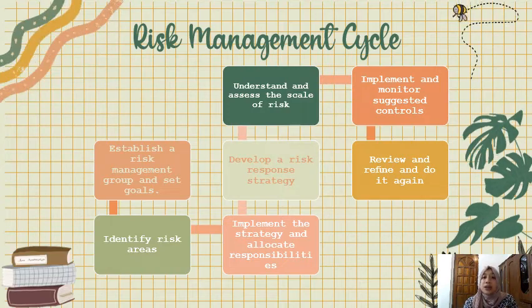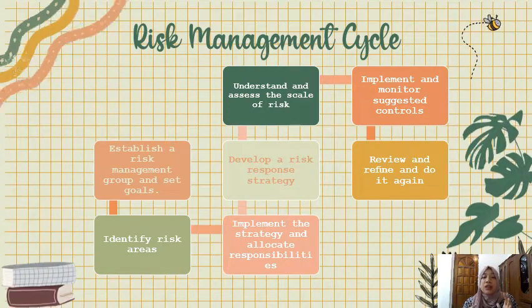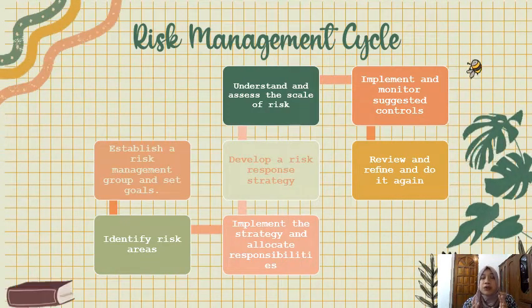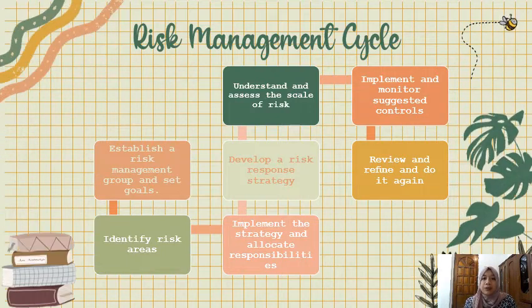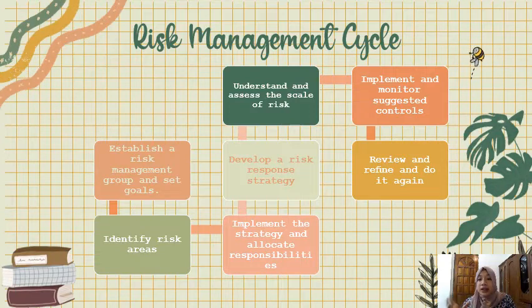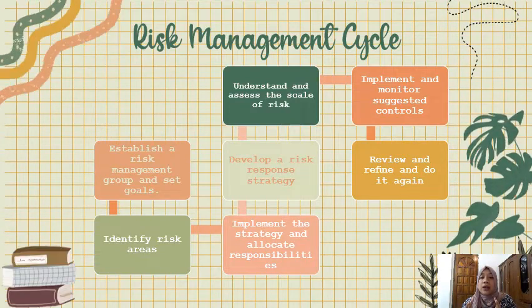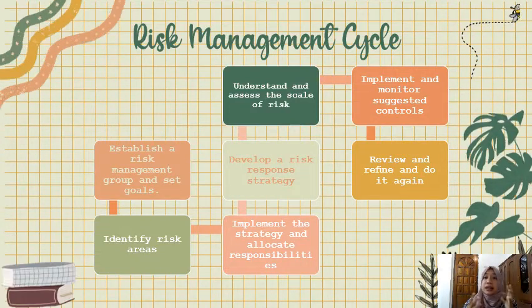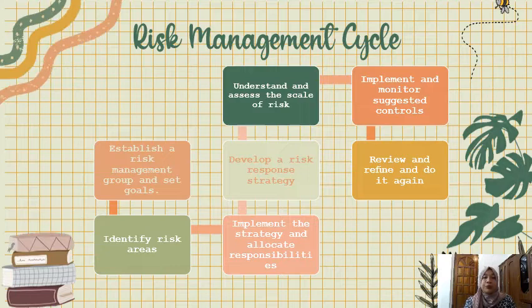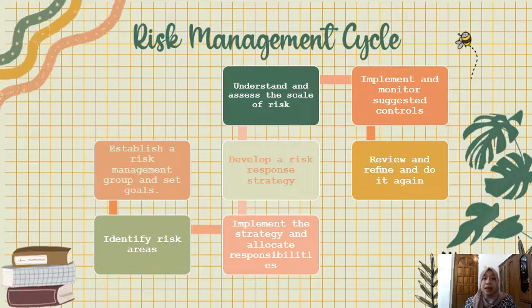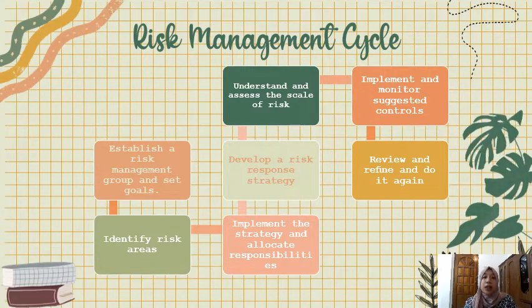This third step also includes the analysis of the scale of risk, which I will be tackling later. So, understand and assess the scale of risk.